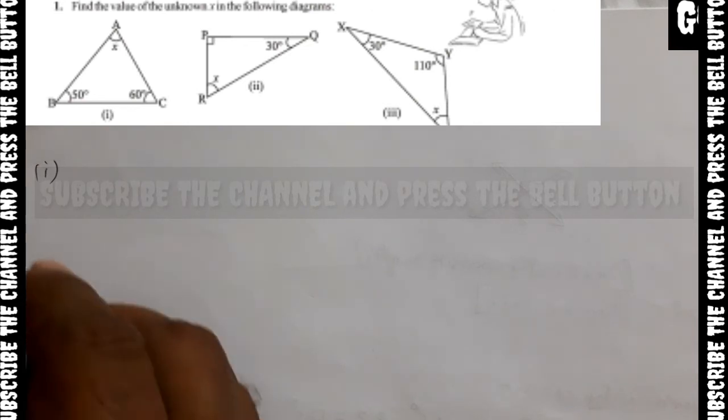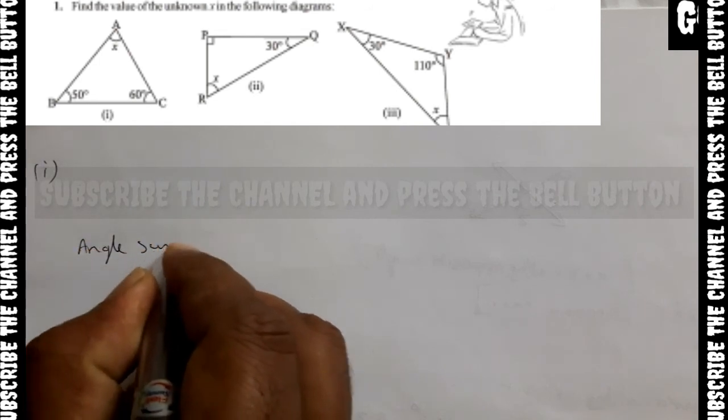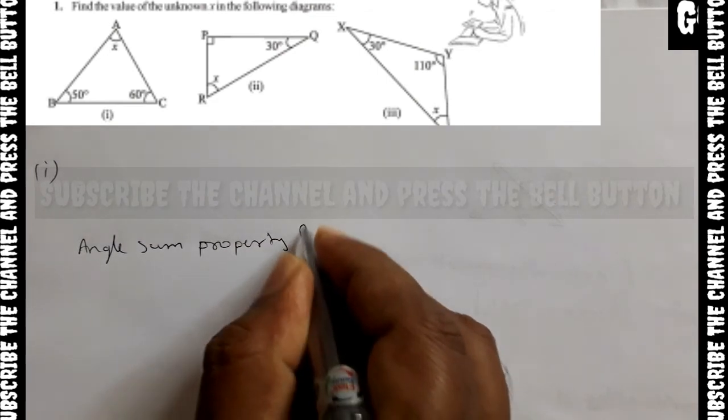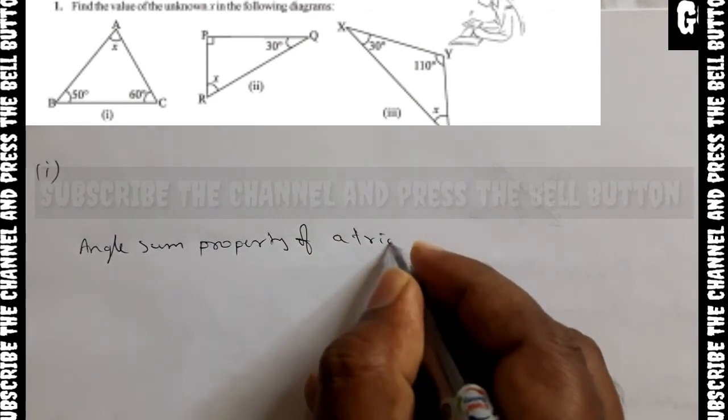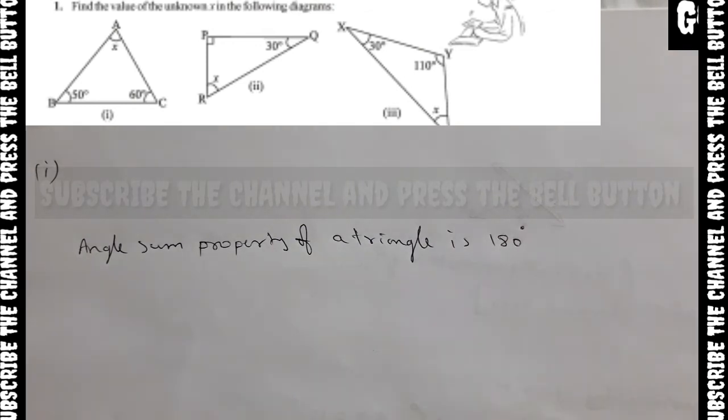By the angle sum property, the angle sum property of a triangle is 180 degrees.